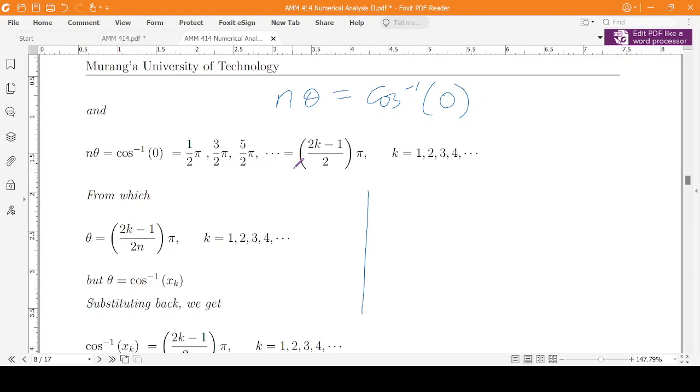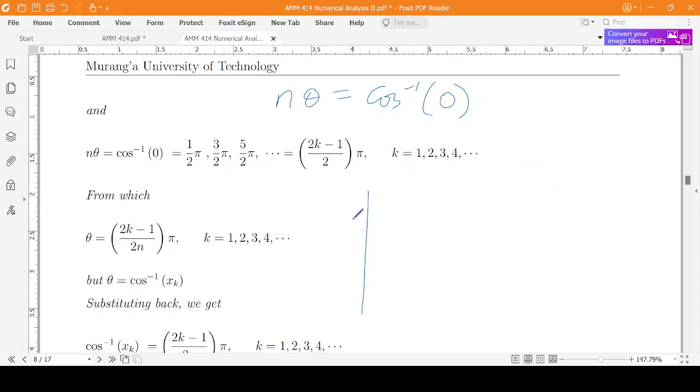So we just need to have an odd quantity in the numerator divided by 2. We can write it as (2k minus 1) over 2 pi, for k taking the values 1, 2, 3, 4, and so on.